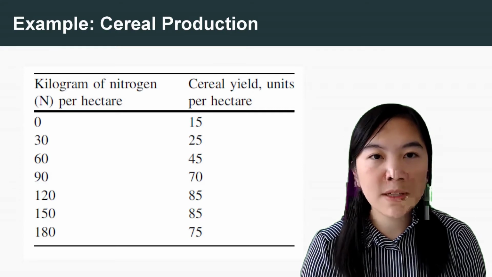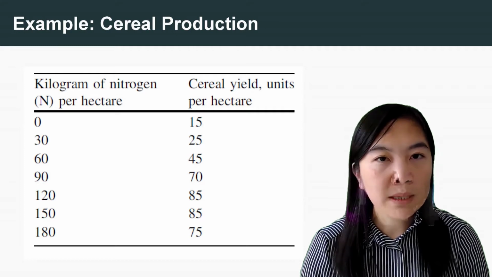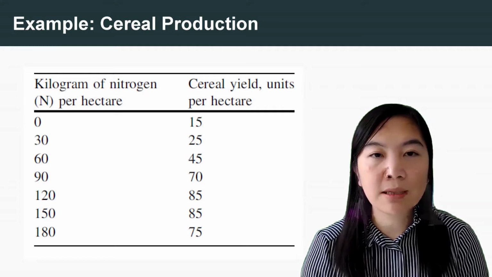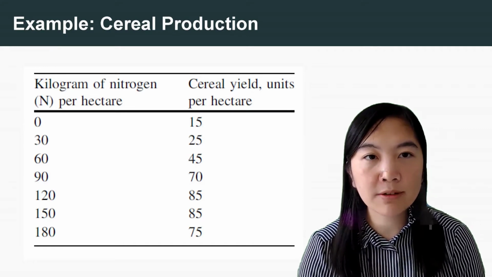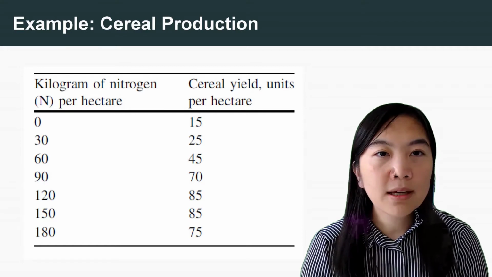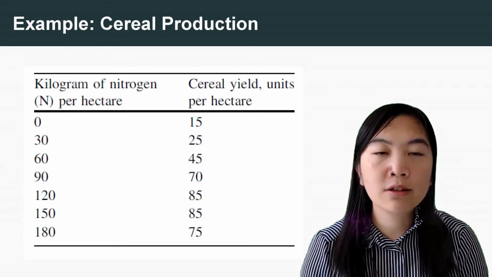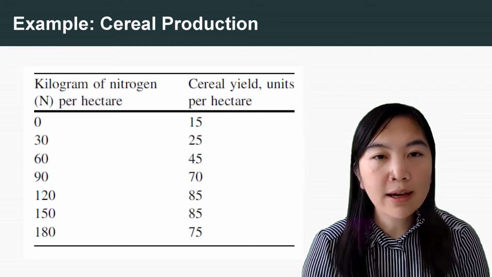Then you observe the yield is 15 units per hectare. It could be, for example, kilos or bushels or other units that you prefer. And then for 30 kilos of nitrogen, you observe the yield is 25 units per hectare, and so on.